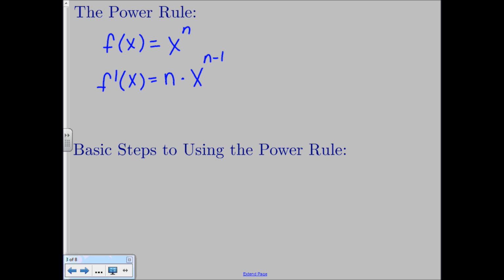Here are some basic steps to going about using the power rule when you're taking derivatives. Sometimes it's really straightforward and you don't have to do anything. But your first step is to always rewrite your function so that f of x is in that form of x to the n. This is an important step because sometimes you have a square root or something like that.